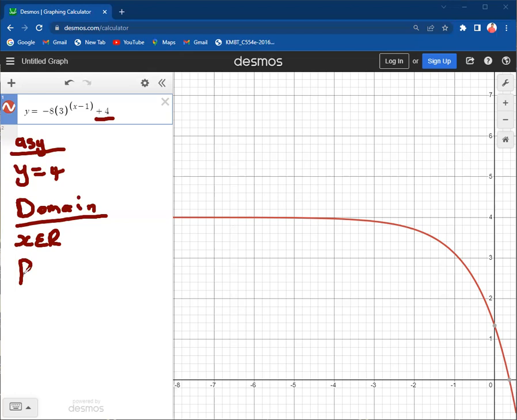But the range is going to have a restriction because we have an asymptote in this case. Let's check what the range is going to be. This is how I determine my range. I know that this is the restriction, so I'll put 4 there. I always put my y and my restriction. And then I check this sign here.